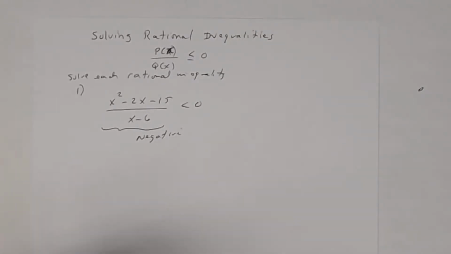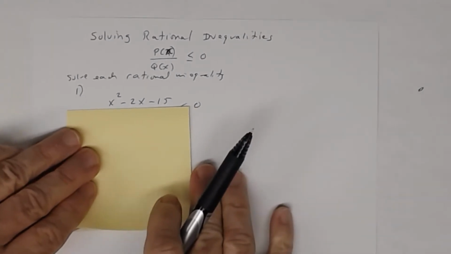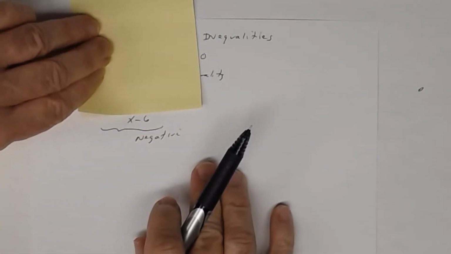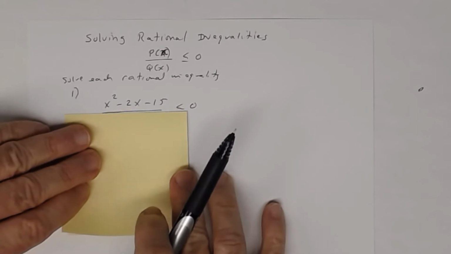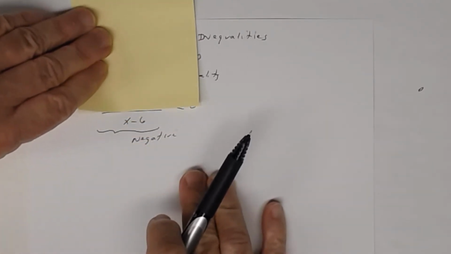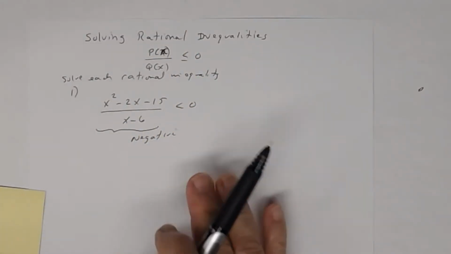Think of separating this rational expression into two parts. You have a numerator and you have a denominator. So the numerator, you're going to set equal to 0, and the denominator, you're going to set equal to 0 at some point.